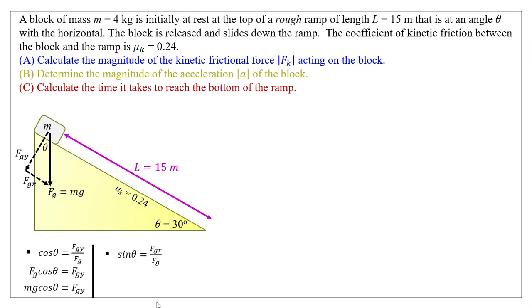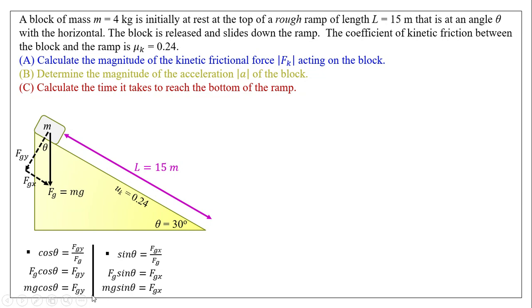All right. F of Gx though is the opposite of this angle, so because it's the opposite in geometry, we use sine. Sine by definition is opposite over hypotenuse. So if you're looking from this theta reference, this is your opposite leg, which is F of Gx, and then your hypotenuse is F of G. So therefore we say sine of theta is opposite, which is F of Gx, over hypotenuse, which is F of G. And if we solve for F of Gx, we need to multiply both sides by F of G. Okay, so therefore F of G sine theta is F of Gx, but F of G once again can be broken down to mg times sine theta.